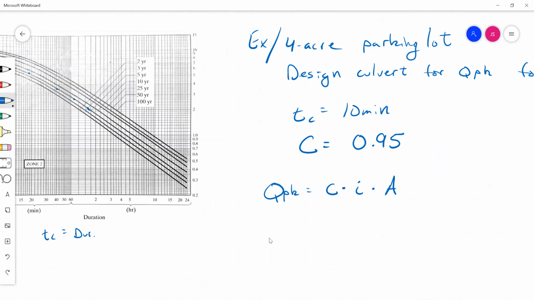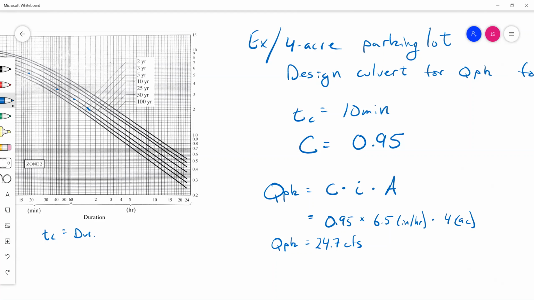All right, so Q peak is equal to 0.95 times 6.5 inches per hour times 4 acres. Let's go ahead and do that calculation. 0.95 times 6.5 times 4. And that's going to give us 24.7 CFS.